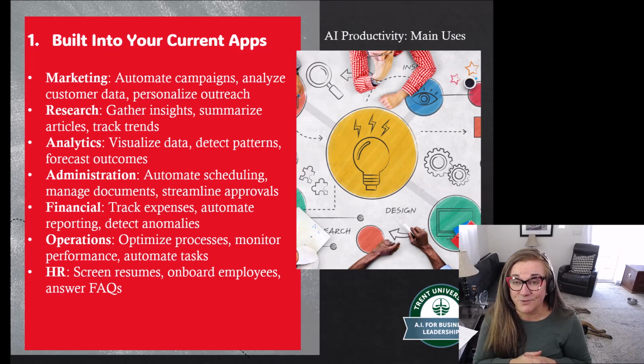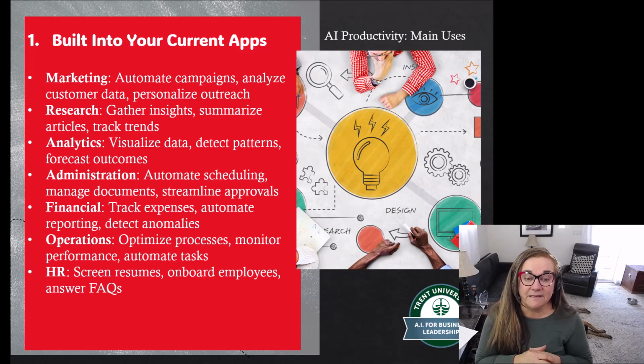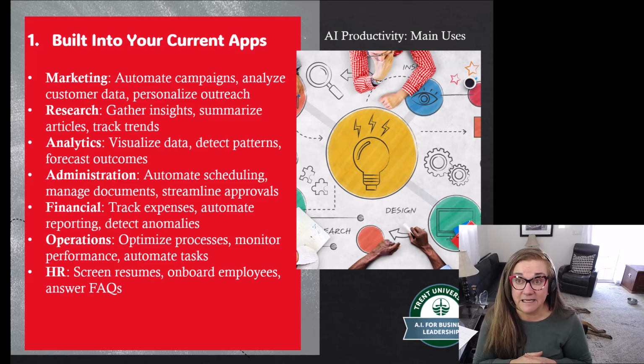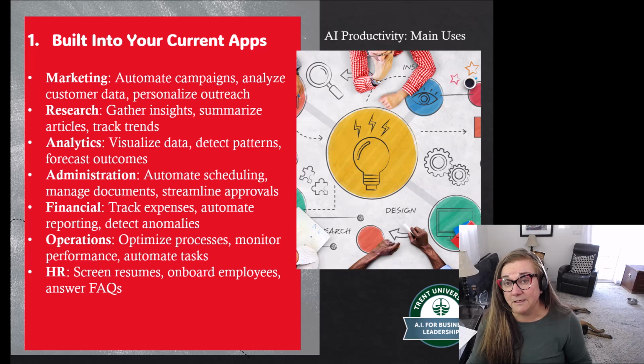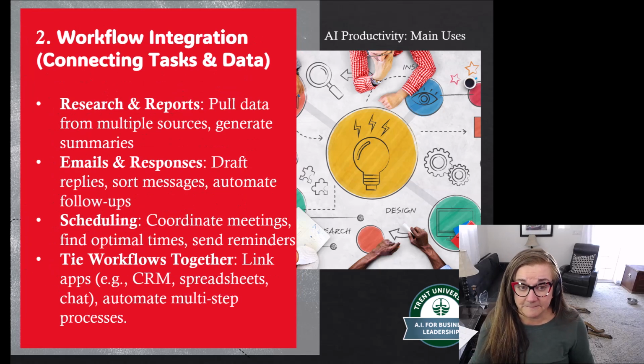So that's other things it can do: track trends for you, analyze or visualize data, detect patterns. This is within Excel or Sheets. Administration: it could automate scheduling, which is really cool. It could manage documents, streamline approvals. So there's so much it can do. So you can see all the different things it can do. We've talked about a lot of them because some of these might end up being your AI final project.